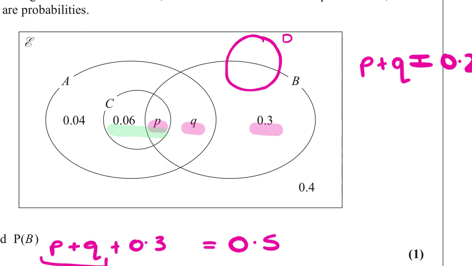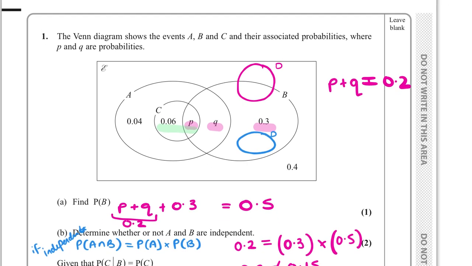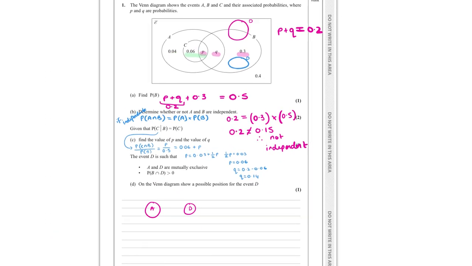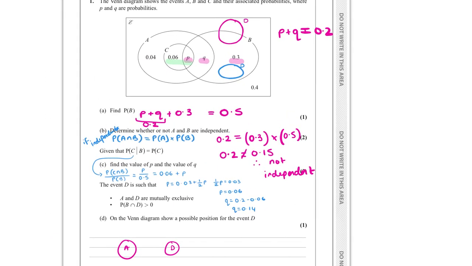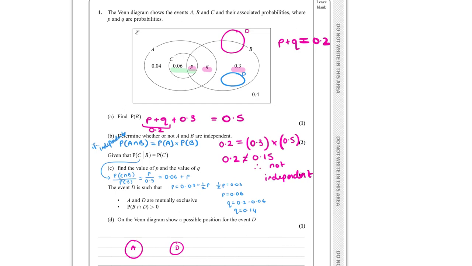Or, you don't have to write them both, you can do one or the other. Or, D could also be a subset of B, couldn't it? Because their intersection would still be greater than 0. So you have two possibilities for D. You don't have to draw both, one or the other will do. So there we have it. Nice and simple. How many marks? 6.